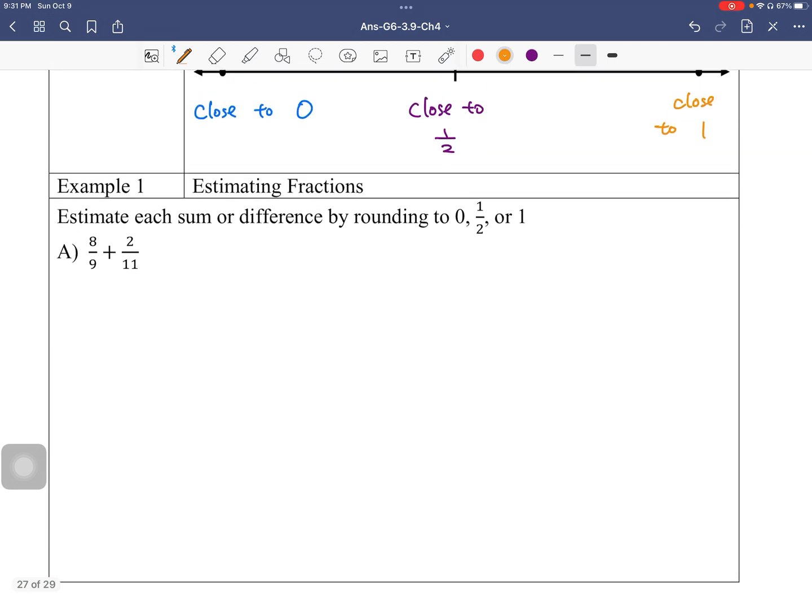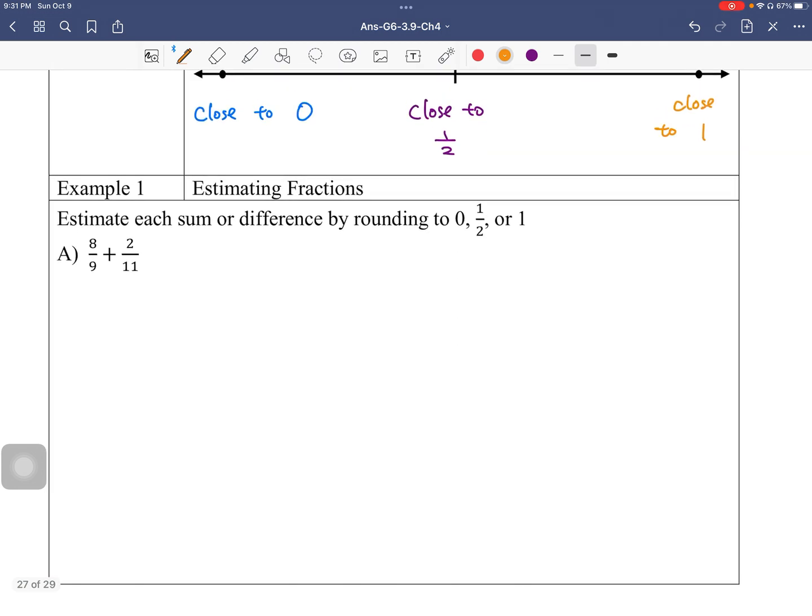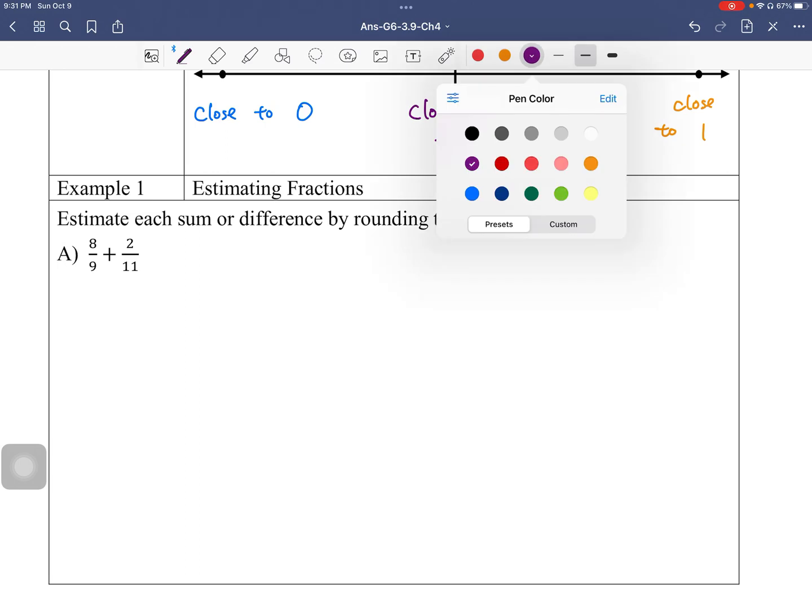Now we want to estimate each sum by rounding to 0, 1/2, or 1.